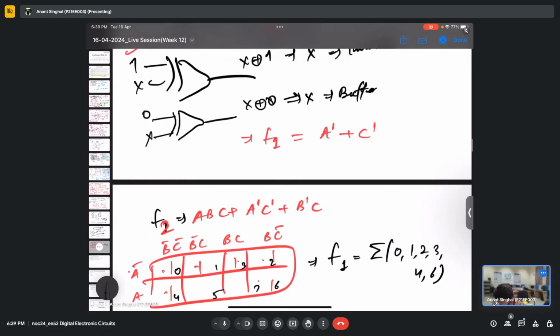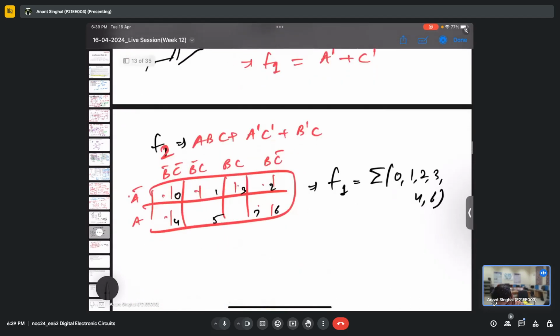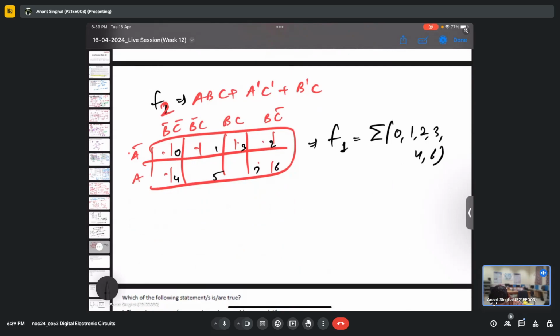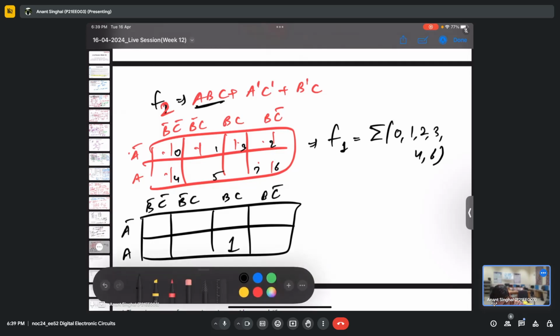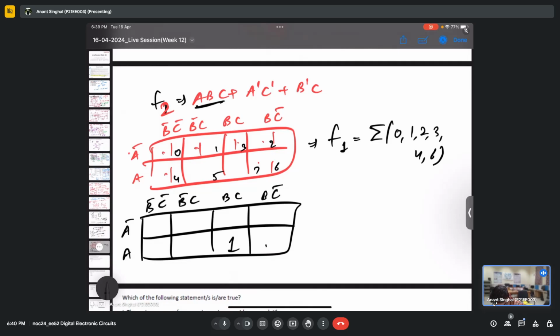Similarly, we can find it for F2, which is this expression. So I'm again making it quickly. We have ABC, so this will be 1. Then we have A complement C complement, which is here and here. Then we have B complement C, which is here.